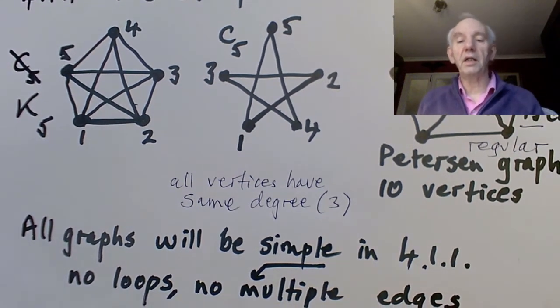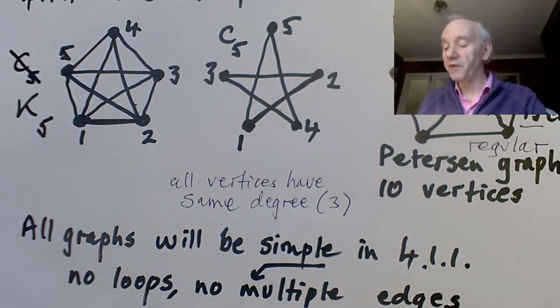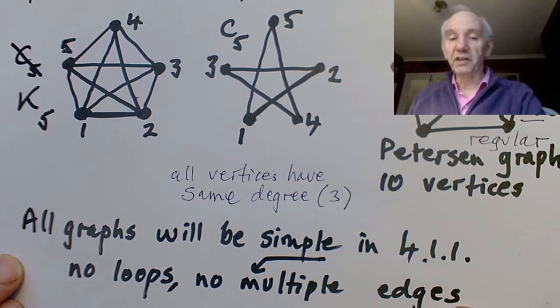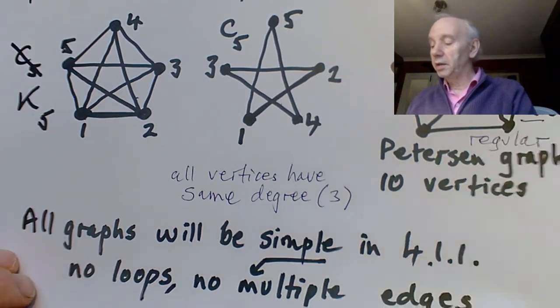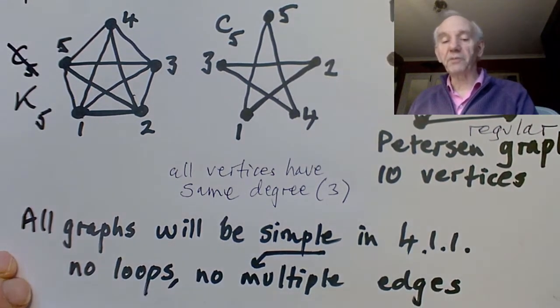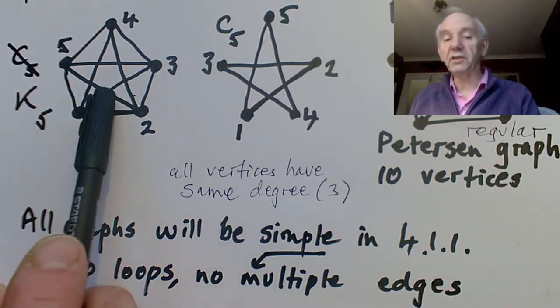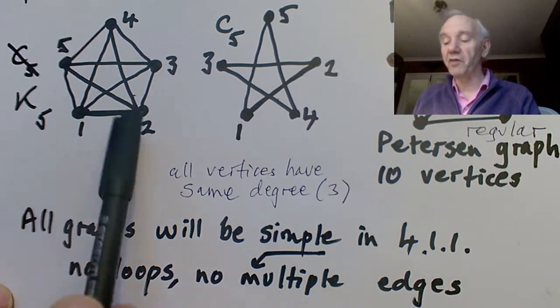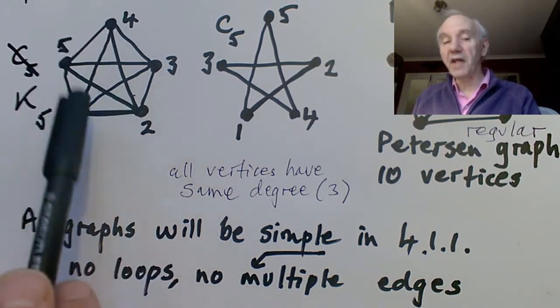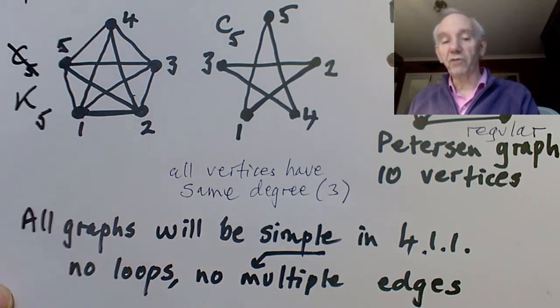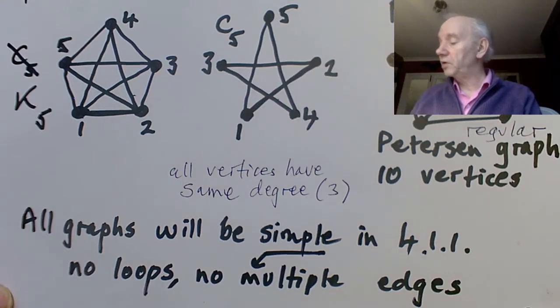Okay, now let me describe this Petersen graph in a different way that corresponds more closely to the way I defined it in the lecture notes. It's defined in section 4.1 of the lecture notes in terms of subsets consisting of 2 elements in a set of 5 elements, and that's all related to the graph K5, because here we have a set of 5 numbers, and any edge in K5 connects 2 of those numbers, and therefore corresponds to a subset of the set 1 to 5.